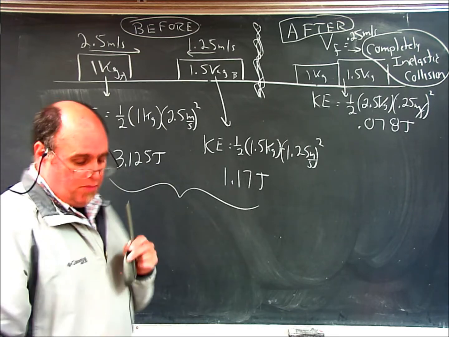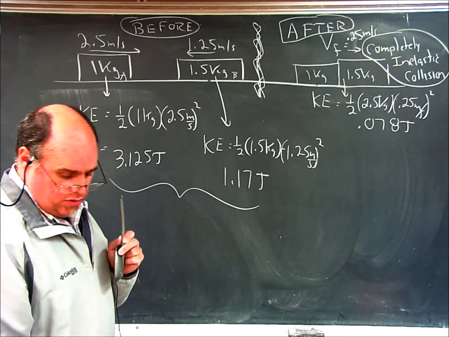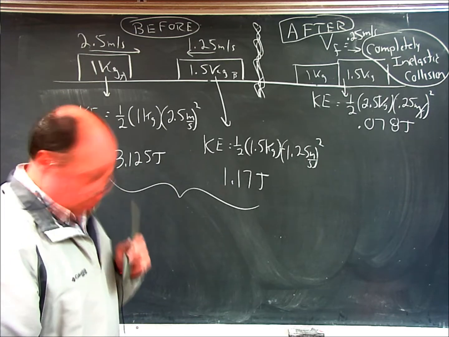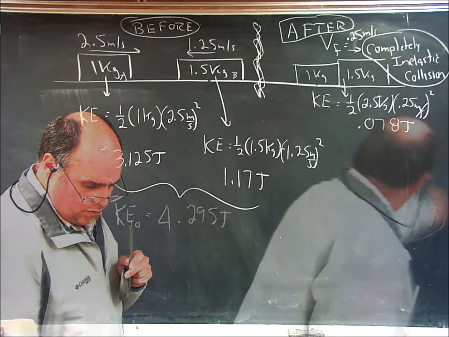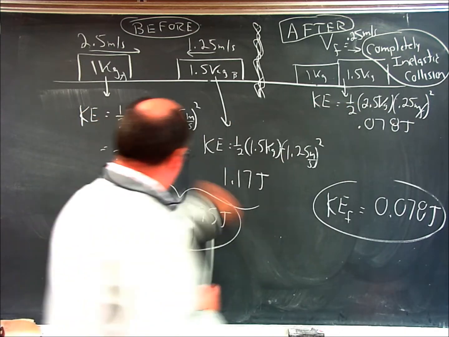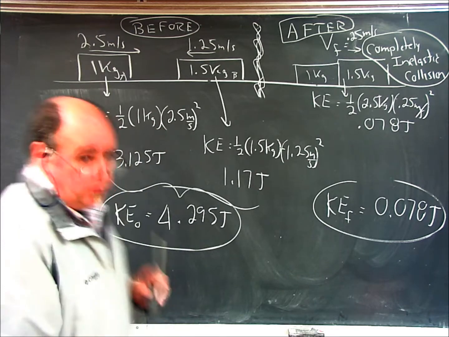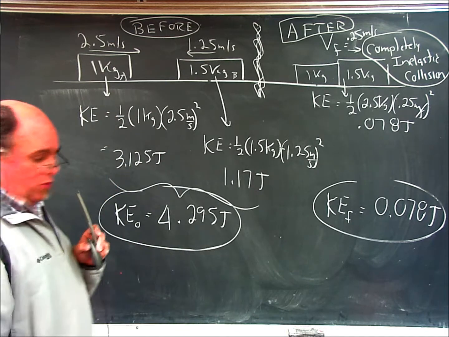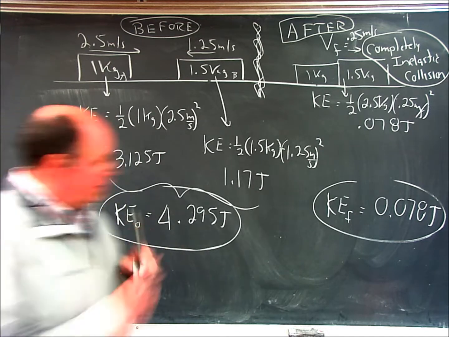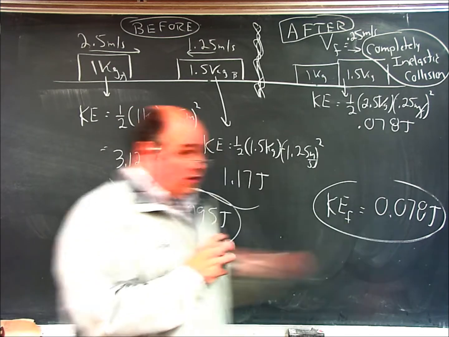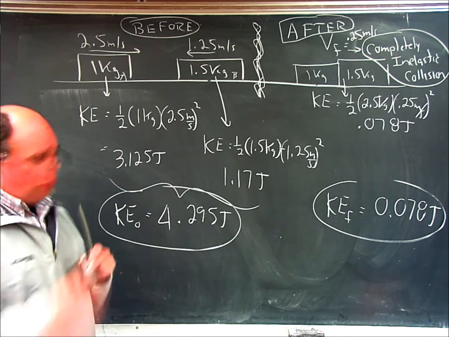Kinetic energies can never be negative, they can only be positive. So if I add them up on the left, I ended up losing most of my kinetic energy. I only have 0.078 joules of kinetic energy remaining, but I started with 4.3.